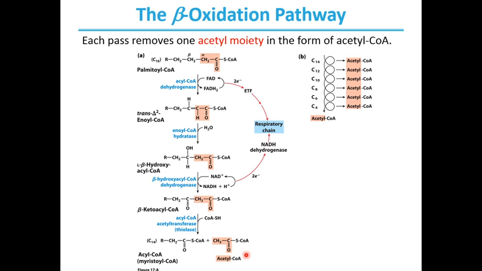So this is the first acetyl-CoA that is coming out of the 7 beta oxidative steps. This first step involves 4 enzymes. So there are 7 steps, and all these steps involve these 4 enzymes. And what happens is myristoyl-CoA, which now has 14 carbons, will get converted to smaller carbon units.